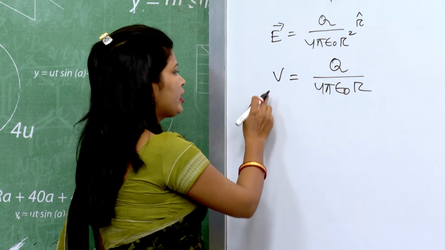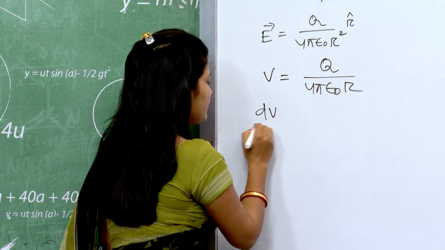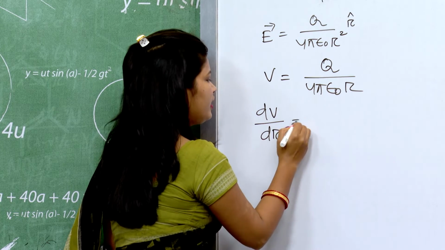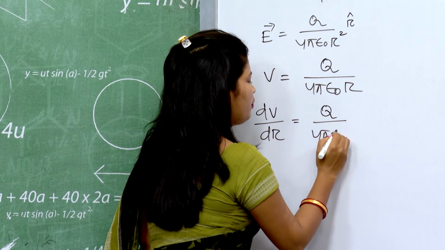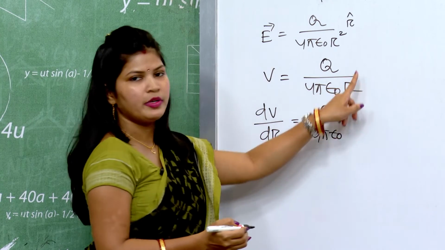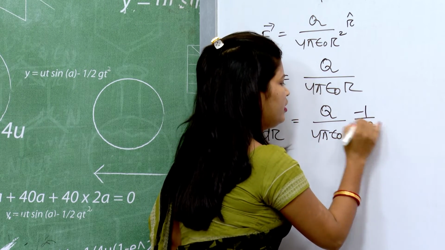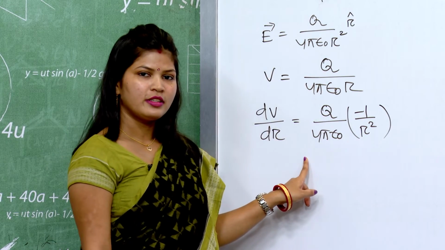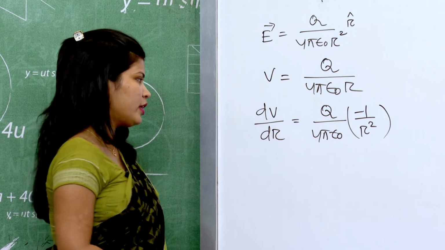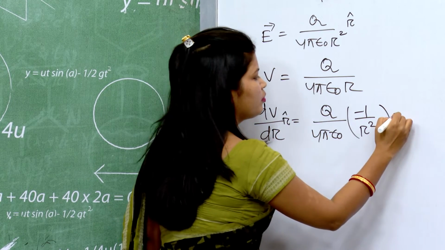Now, taking the derivative of potential with respect to r, that is dV by dr, is equal to q upon 4 pi epsilon naught times 1 upon r, whose derivative is minus 1 upon r square. To get electric field, I need a vector, that is why I will multiply by r vector on both sides.